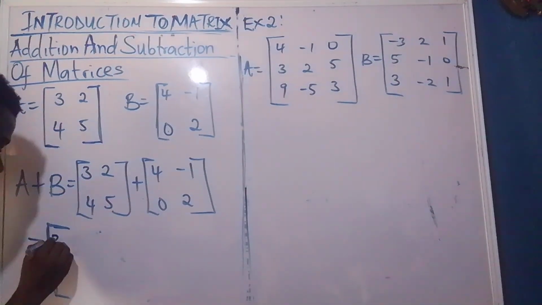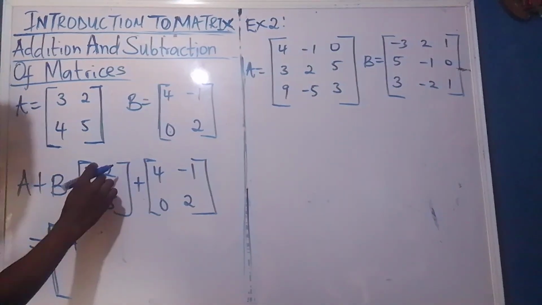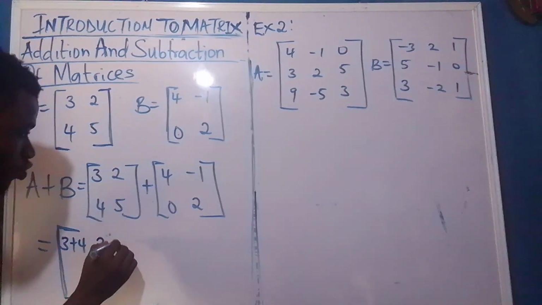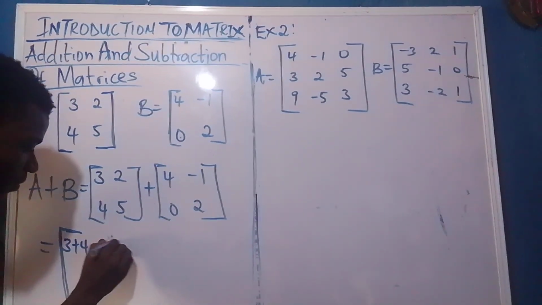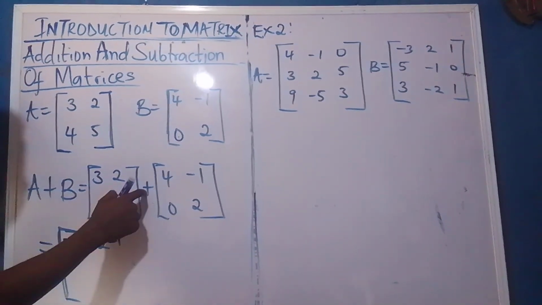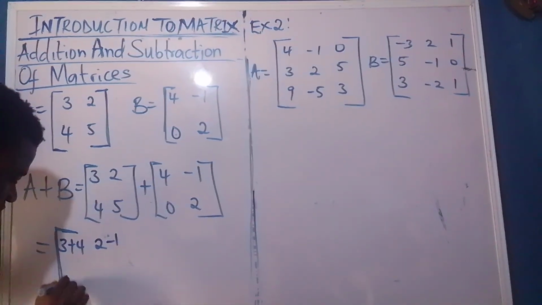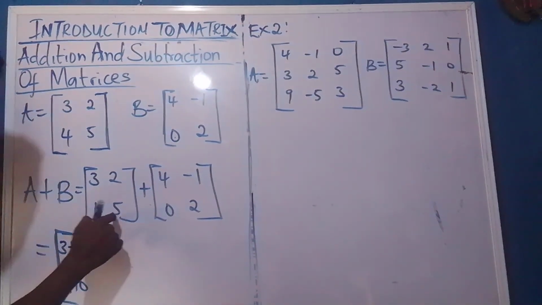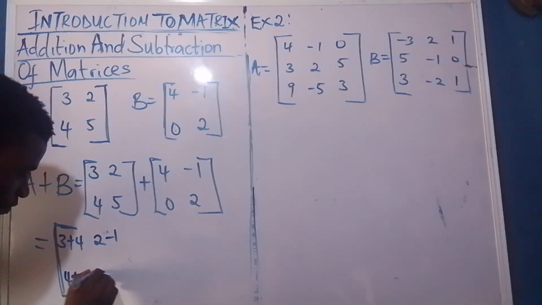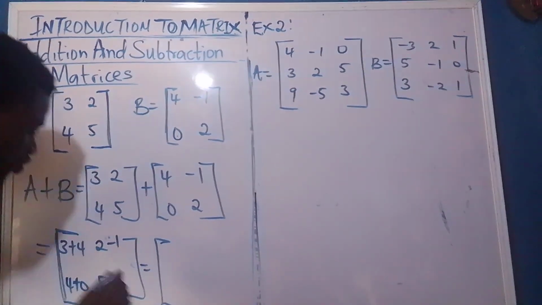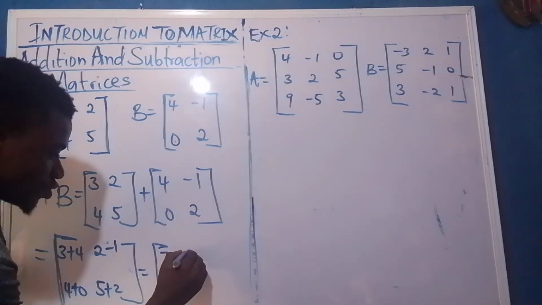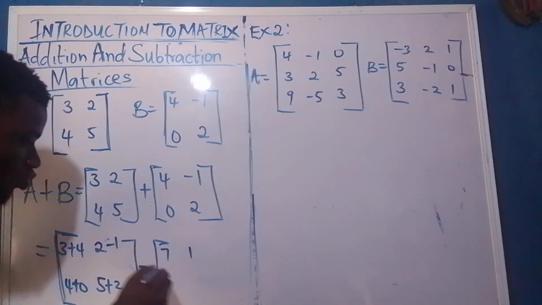So 3 plus 4, and then 2 plus -1, because plus times minus gives you minus, so that will be 1. 4 plus 0, that's 4. 5 plus 2. So the final answer is going to be 7 1, because 2 minus 1 is 1.